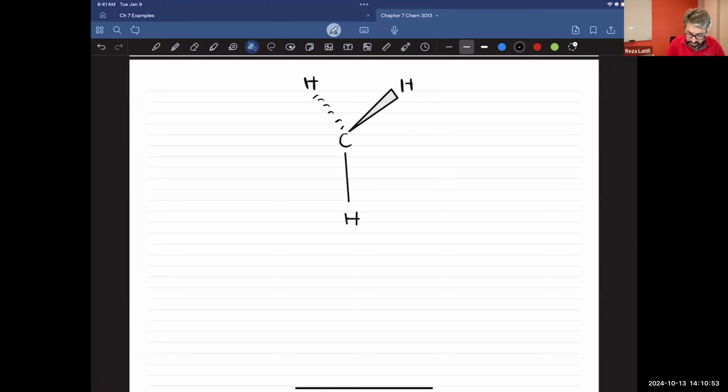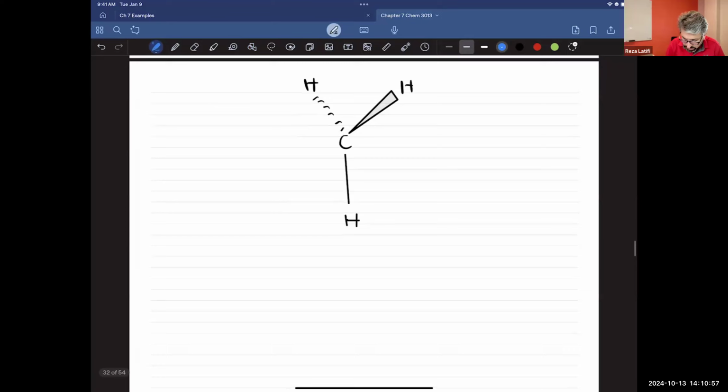Okay, next. We have a methoxide coming to the system. So I go CH3, oxygen, and oxygen is trying to share a lone pair with carbon. At the same time, I have the chloride taking the lone pair.